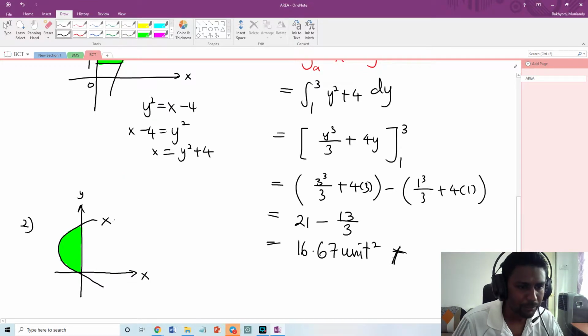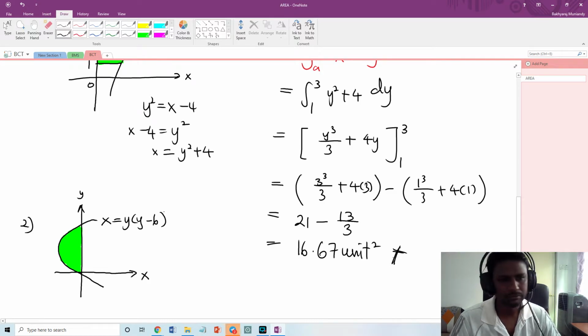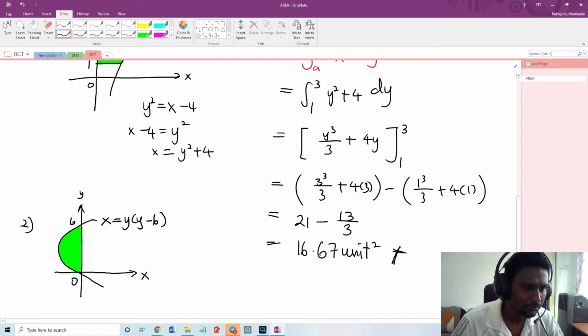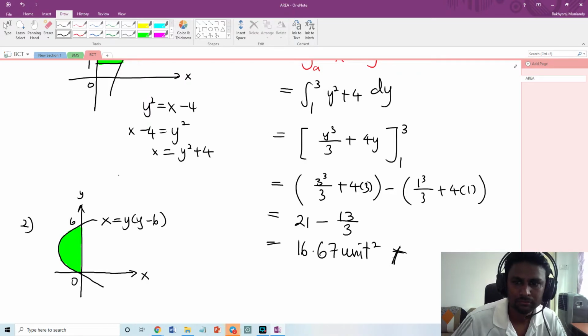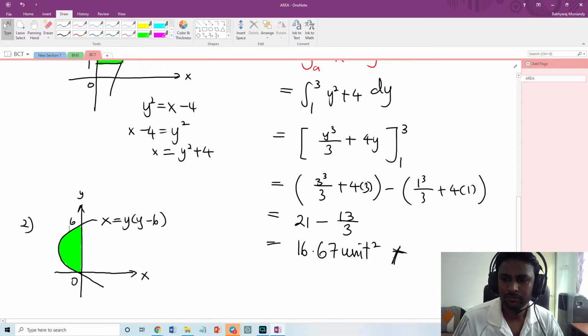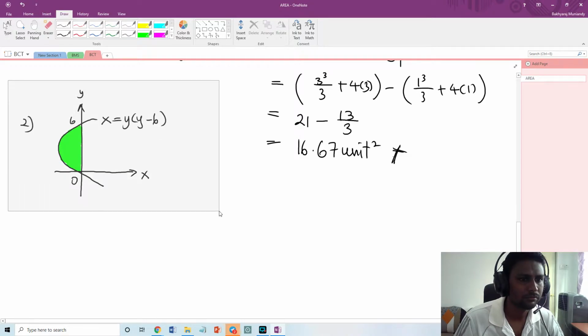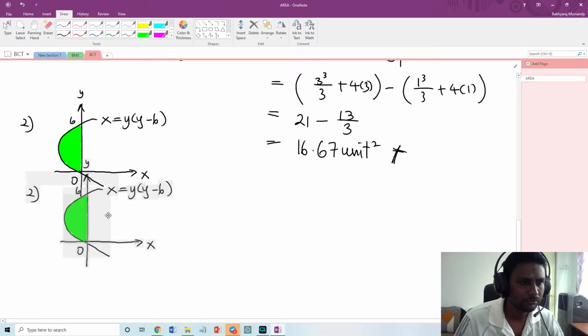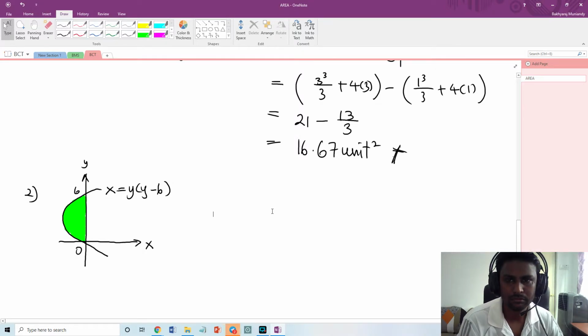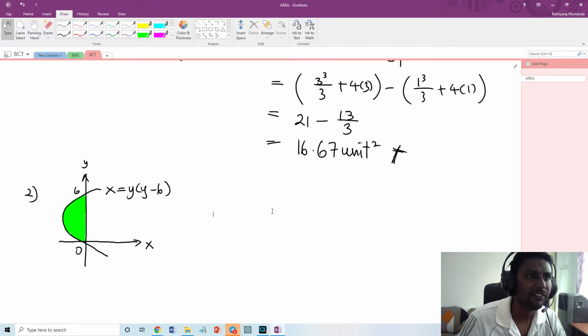Now try to solve this problem. This is example number 2. Again, get the formula.